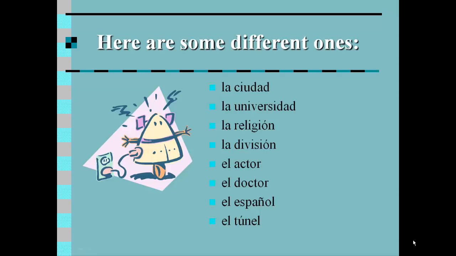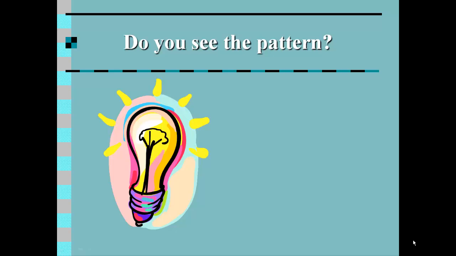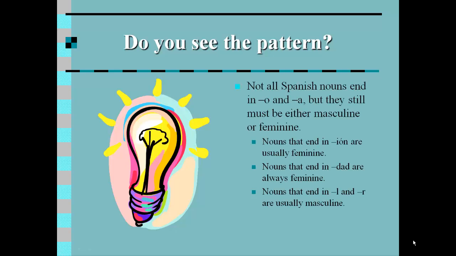Here are some others. La ciudad, la universidad, la religión, la división, el actor, el doctor, el español, el túnel. That's right. There are some patterns that we can learn to help us classify words as either masculine nouns or feminine nouns.